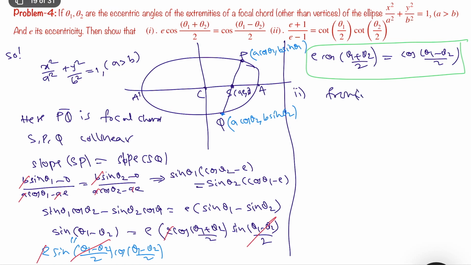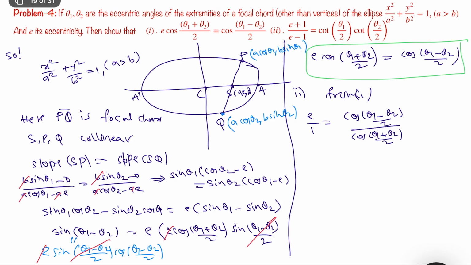From the first result, we can write e by 1 equal to cos of (theta 1 minus theta 2) by 2 by cos of (theta 1 plus theta 2) by 2.